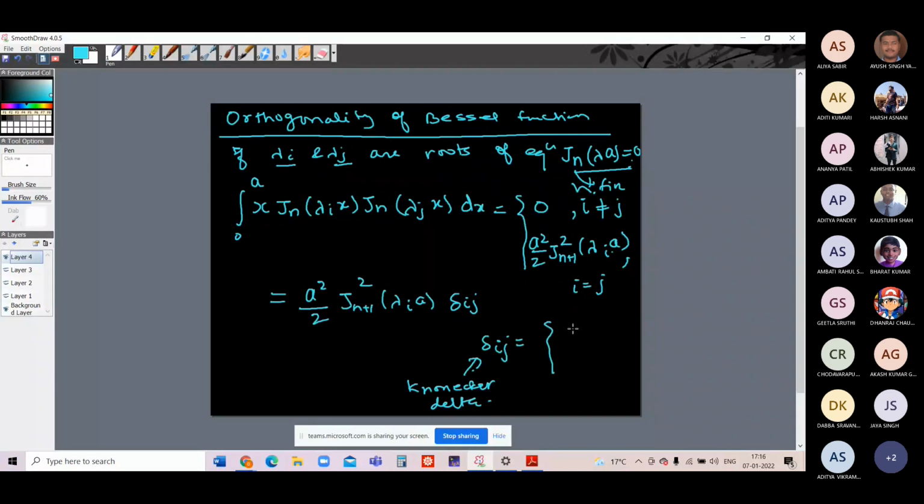Its value is 0 when i is not equal to j and its value is 1 when i is equal to j. Okay, it is the statement for the orthogonality property of Bessel function. Now we have to prove that.